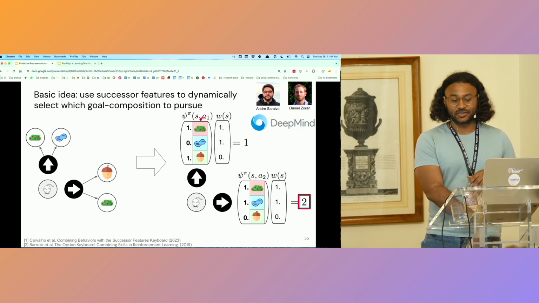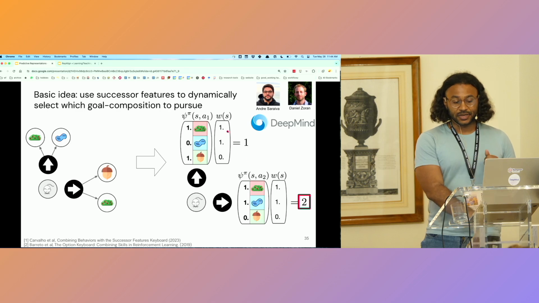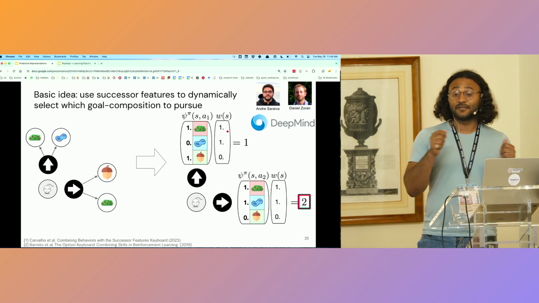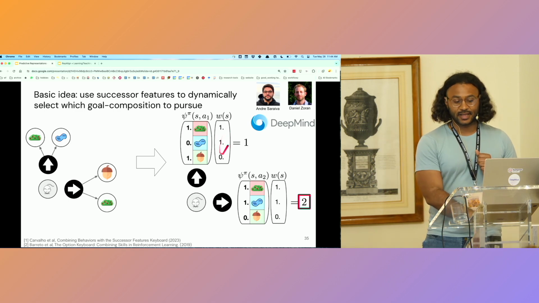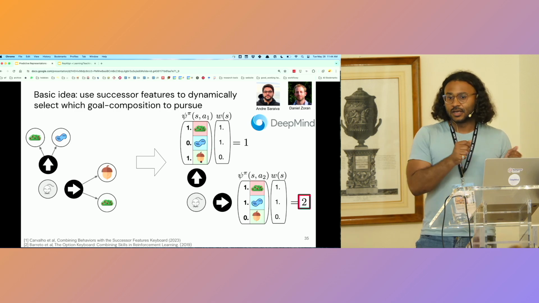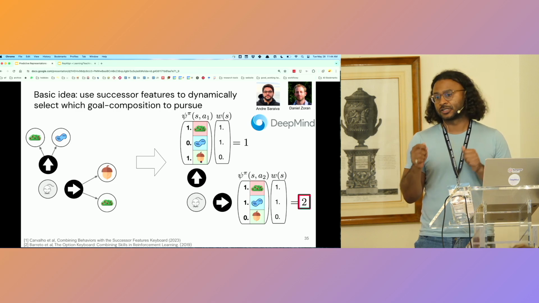And then this is for the first action. And for the other action, you have different feature predictions that are going to be around the berries and the pond. Now, you can have basically preferences over these that are state-dependent, that vary by state. So at this state, the agent wants the berries and the pond. Later on, it may want water and acorns. And this is a way that you can dynamically select goal compositions to pursue.